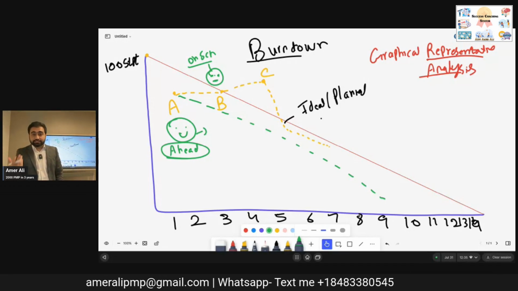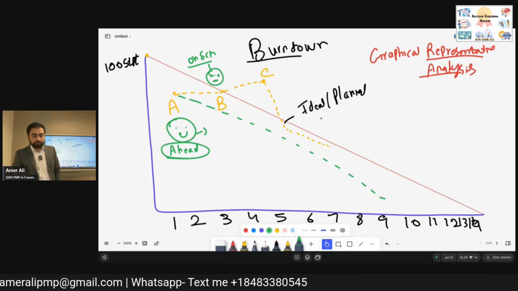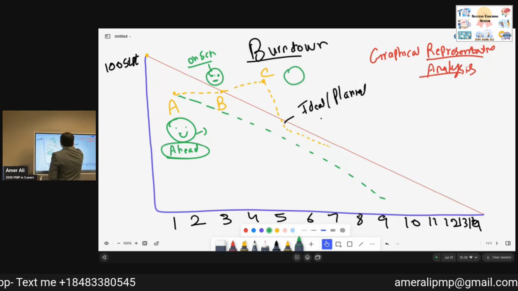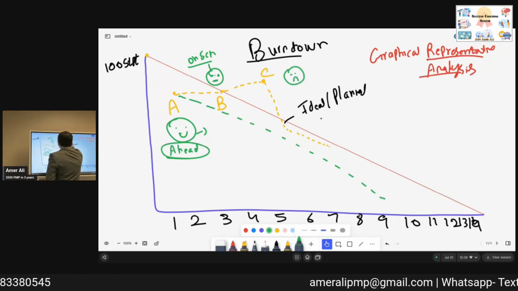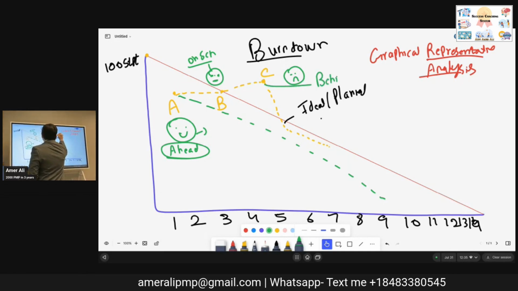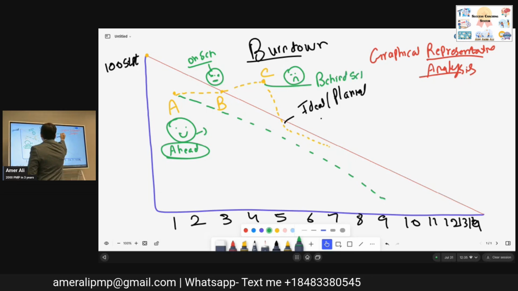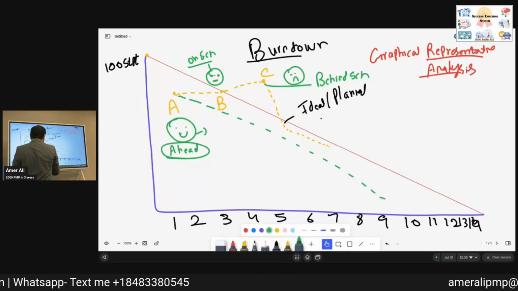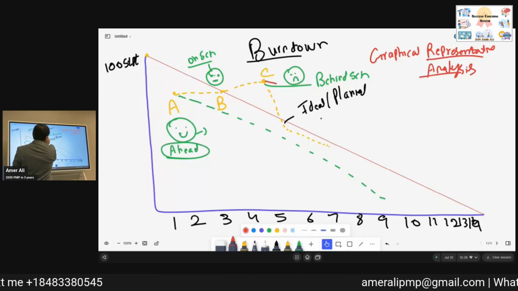Now, what about C? If we talk about C, here is an interesting thing. I am making these sad faces. You are behind schedule. How do you know that, you may ask? Let's extrapolate this C point.